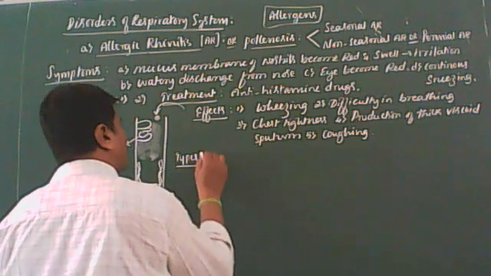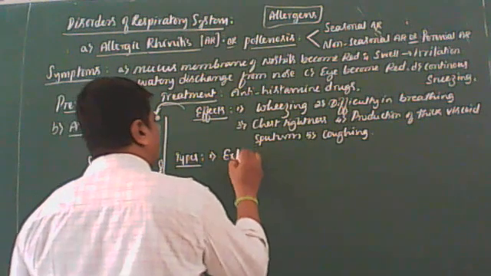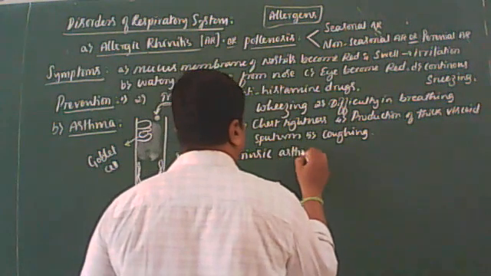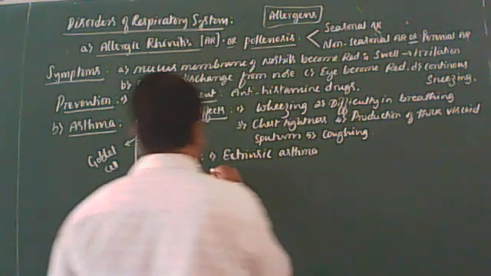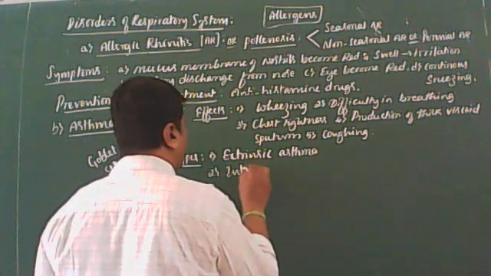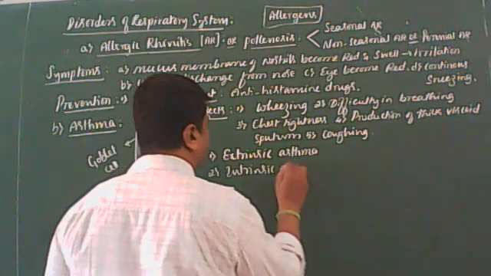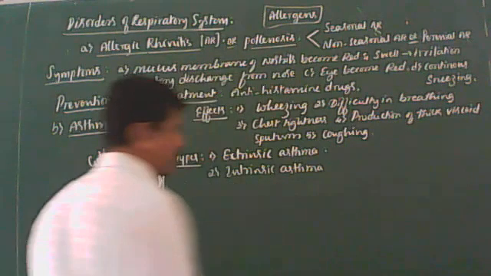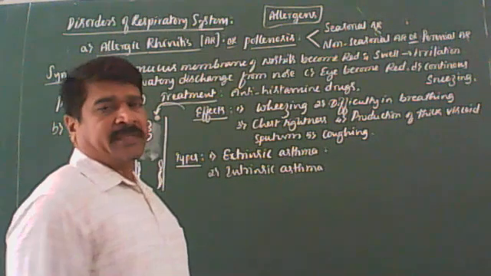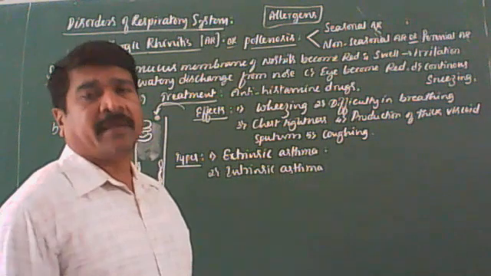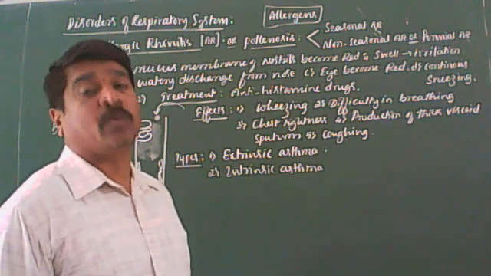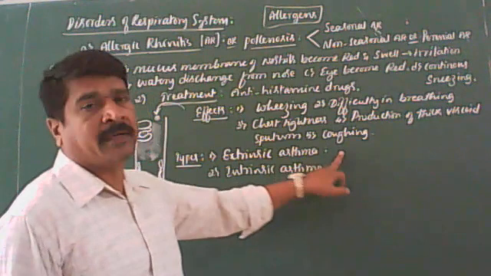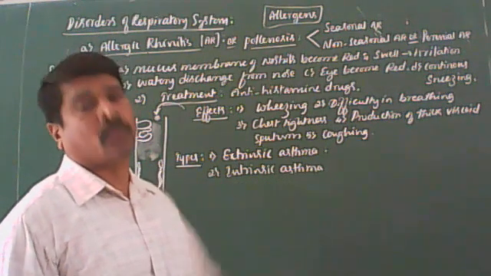Asthma is of two types. One is extrinsic asthma. Another one is intrinsic asthma. These are the two types actually. Extrinsic asthma occurs in early childhood or early adulthood.